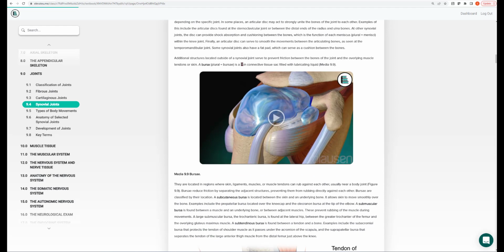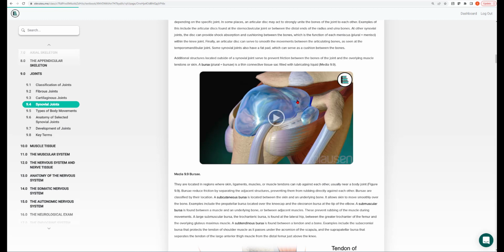Also, around many, not all, but many joints, there are bursa. Recall from your vocabulary that bursa was strangely defined as a purse, but you can also think of a bursa as a gel pack. And in this picture and in many diagrams, the bursa will be shown as blue. The bursa are like these gel pack structures.